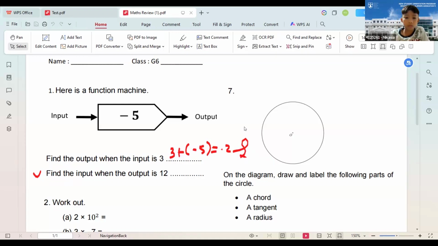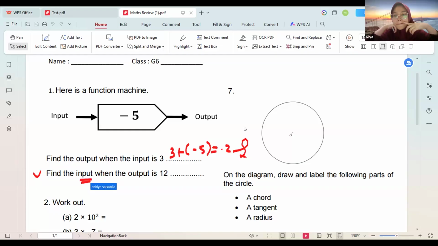7. Why? Because 12 plus -5 equals 7. No, you have to read this carefully. Find the input when the output is 12. The output is 12. You have to find the input. -7. Why?